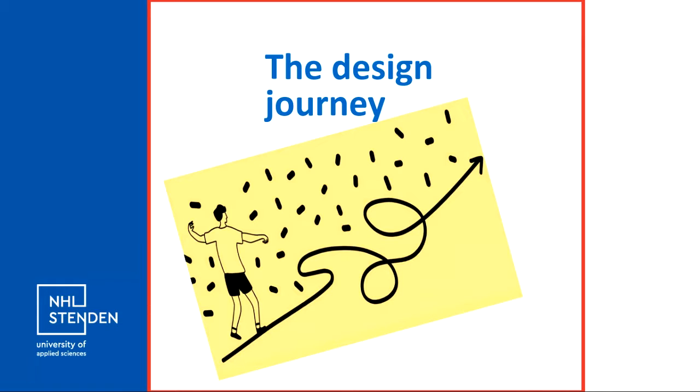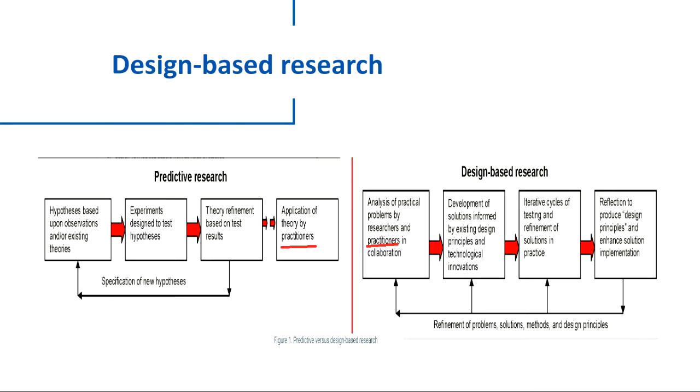The design journey is completely not linear. It is going everywhere and somewhere, sometimes nowhere, but in the end you come somewhere. What is the big difference with other research and other design? We don't do a lot of theoretical information gathering.